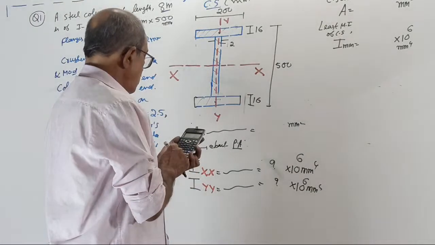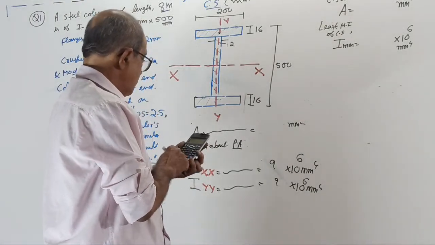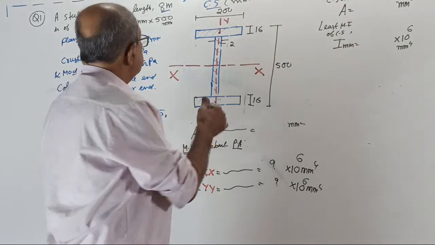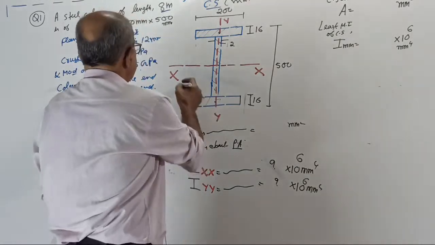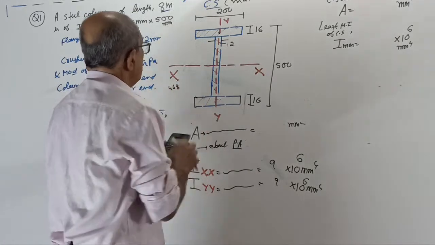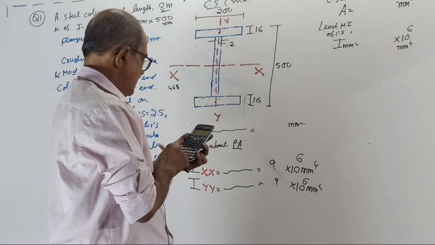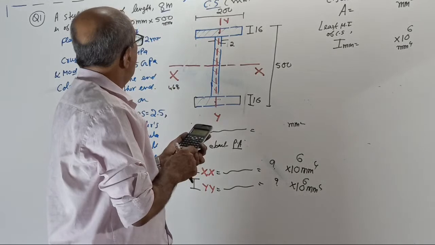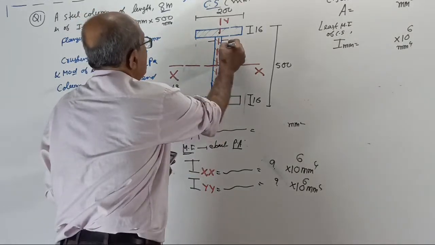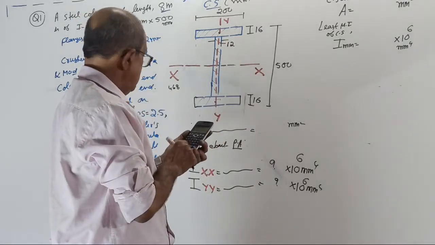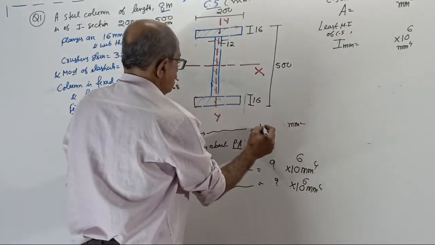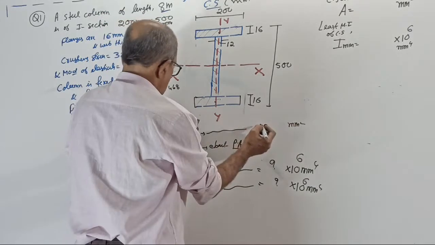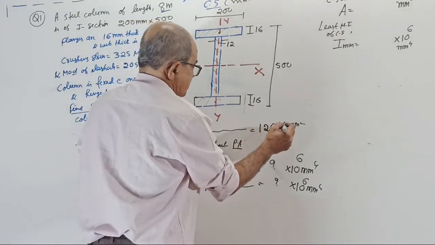Area equal to 200 into 500. What is the depth of web? Depth of web is 500 minus 32 is 468. 200 into 500 minus 188 into 468, where the thickness is 12. Area is 12016.